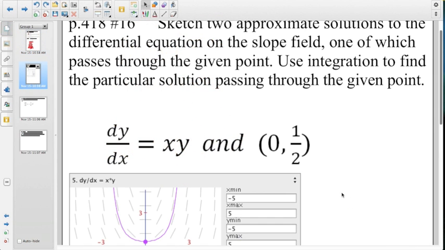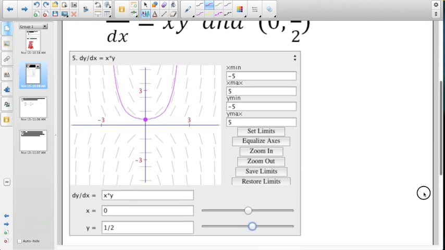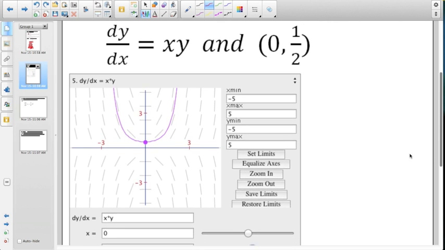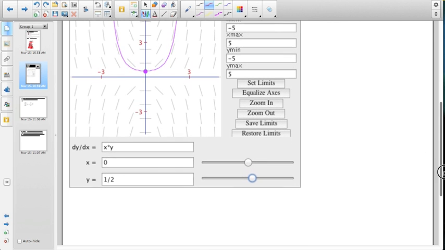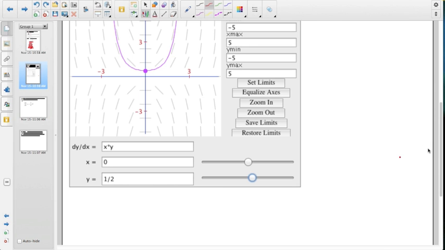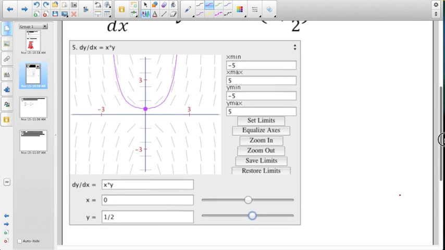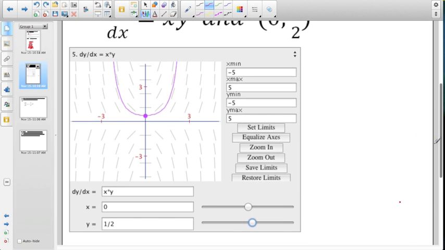In this example, we're going to use a slope field to graph two approximate solutions to the differential equation dy dx equals x times y. And one we want to have go through 0, 1/2. So I have used an online applet to show that approximate solution that goes through 0, 1/2.